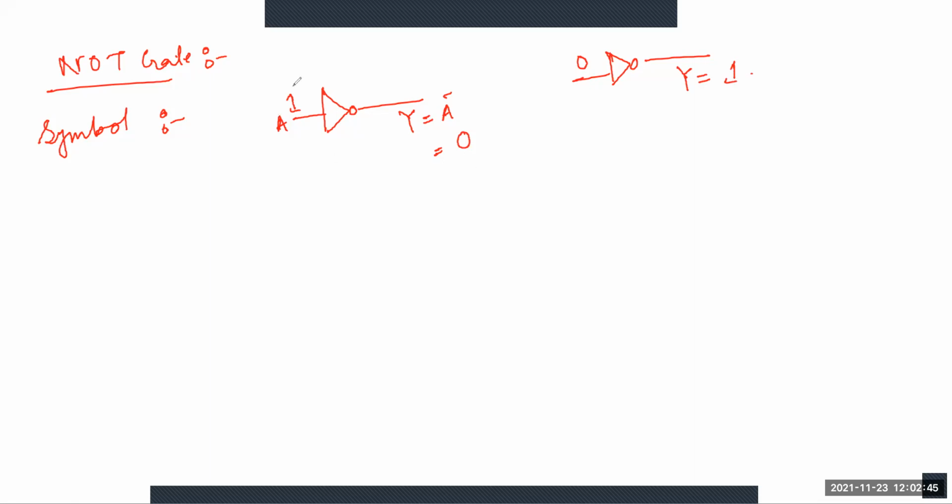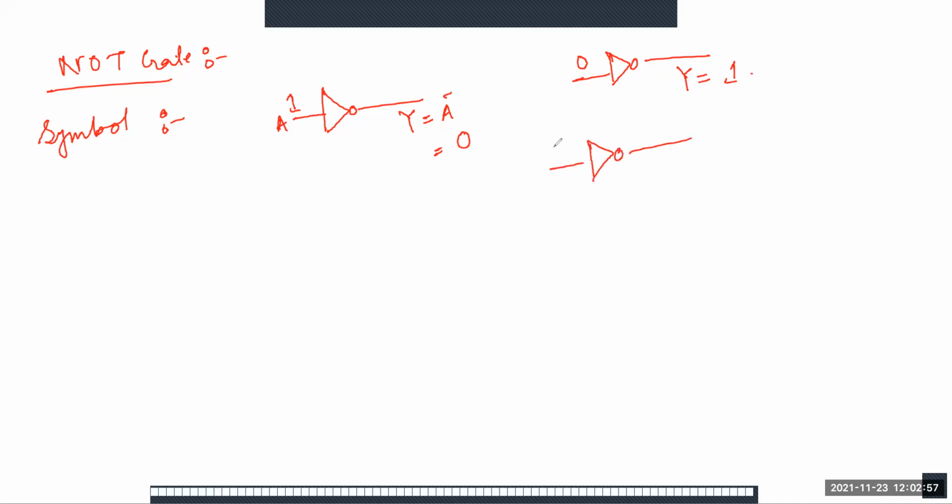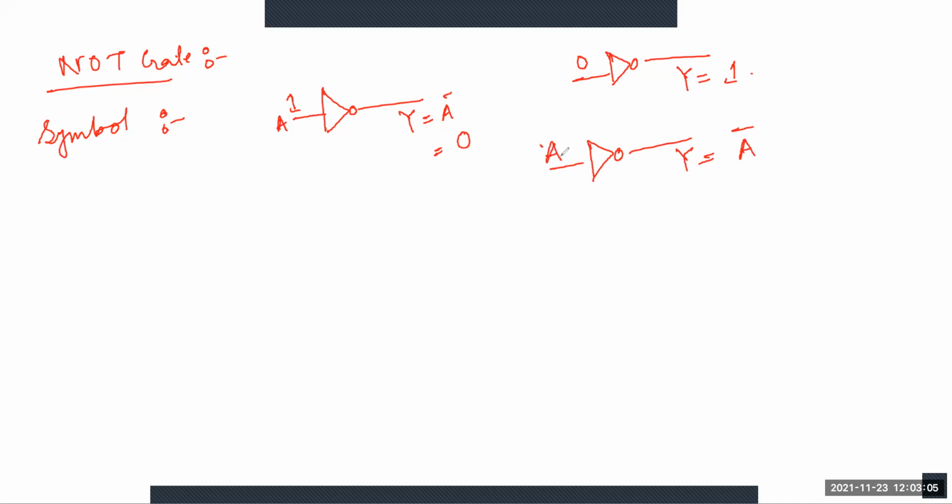So suppose our input is A, then the output is A bar. Suppose it is X, then it is X bar, like that.